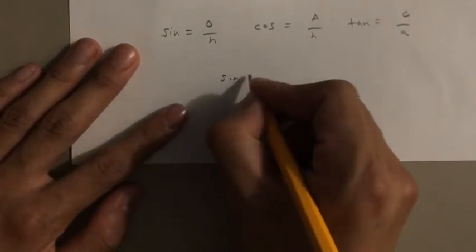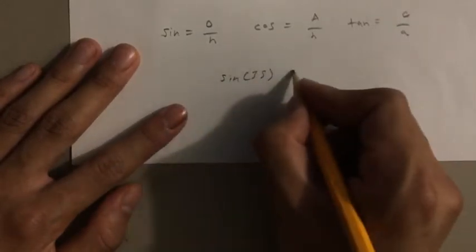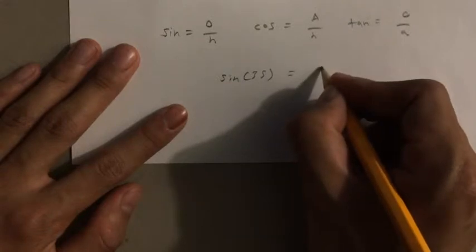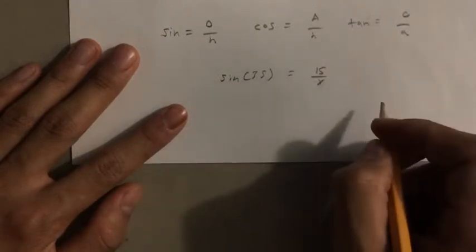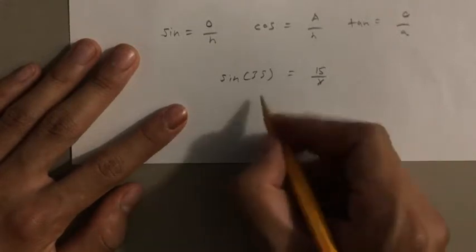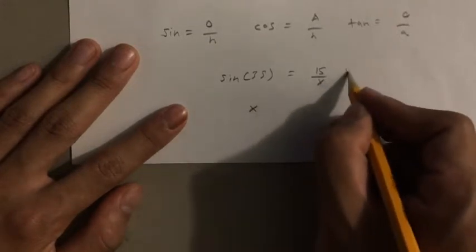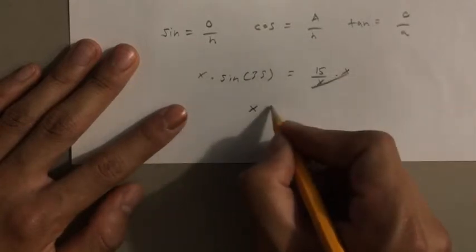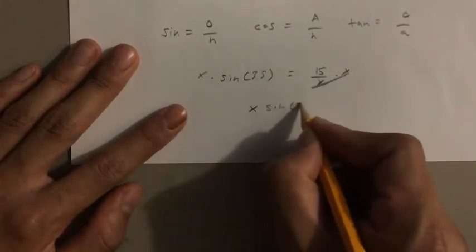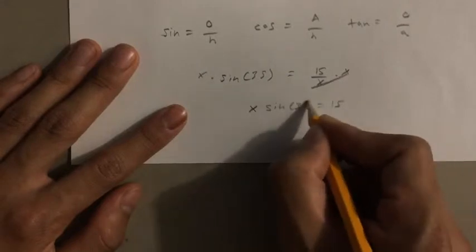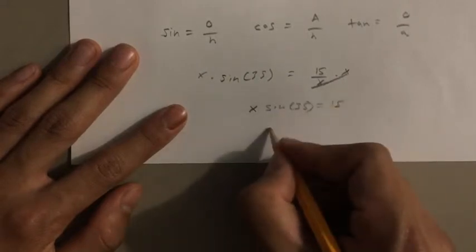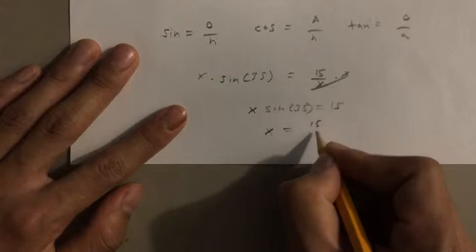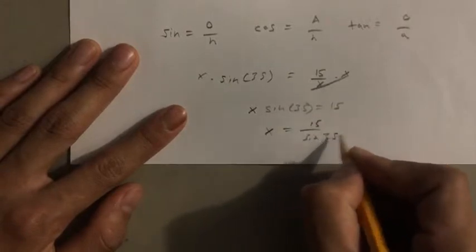Sine 35 is equal to 15 over x. Now solve for x. Well, we're going to get x on this side because we're going to multiply by x, and it's going to be x sine 35 equals 15. Divide by sine 35, you can do that. x equals 15 over sine 35.